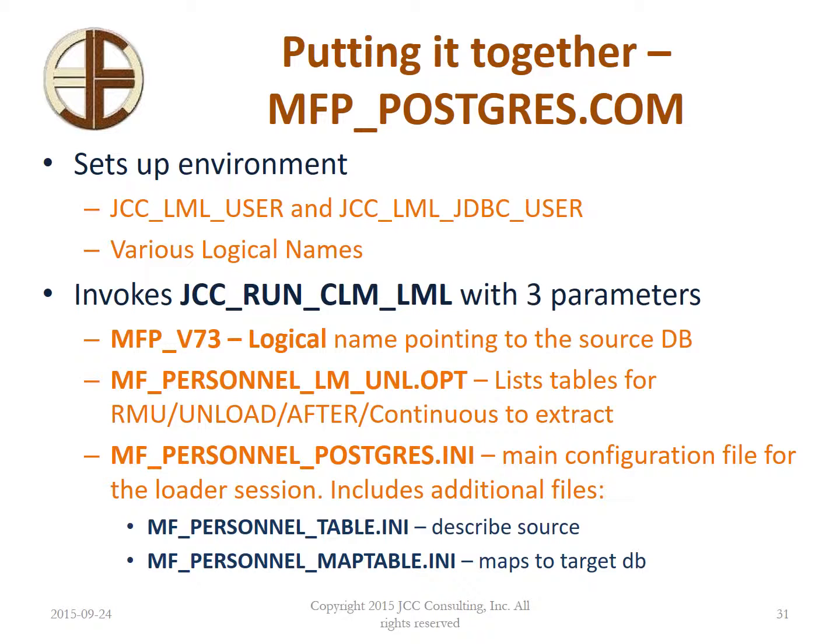And then what this is going to do is to invoke the JCC run CLM LML command with 3 parameters: a pointer to the database, a logical name of the database, the options file we created a few slides ago, and an INI file that has some information about the target and includes the personnel, the table INI file that we created that describes the source data, and the map table INI file that maps to the target data.